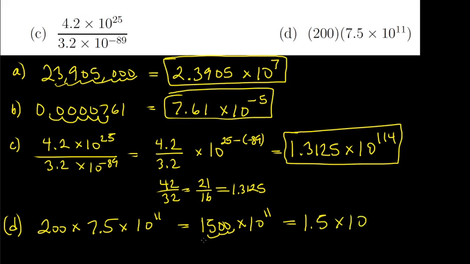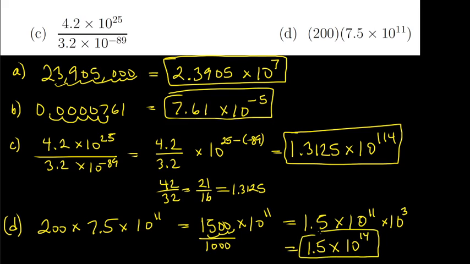So notice what I did here. By moving it to the left, I divided by 1,000. So now I have to multiply by 1,000. 1,000 is just 10 to the 3. So 1.5 times 10 to the 11 plus 3 is 14. So 1.5 times 10 to the 14.